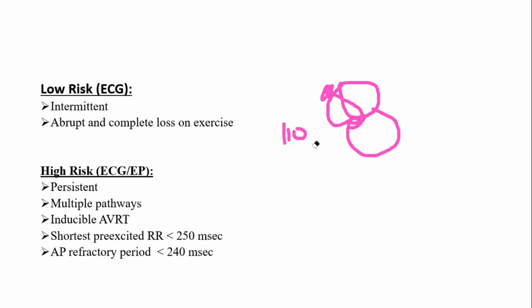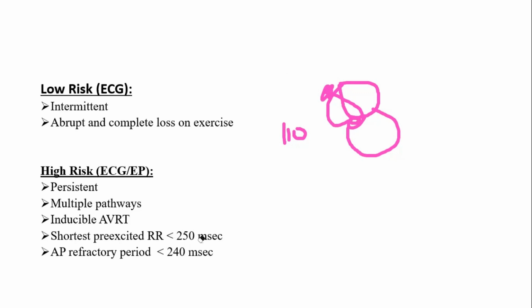So it should be abrupt, not gradual, because gradual means there's still conduction and it has a tendency to conduct. It should be abrupt, it should be complete, and obviously the rate also matters. The SPERRI comes in here, because the faster the rate, the shorter the RR intervals, the more chances the patient might go into VFib because of this faster conduction.